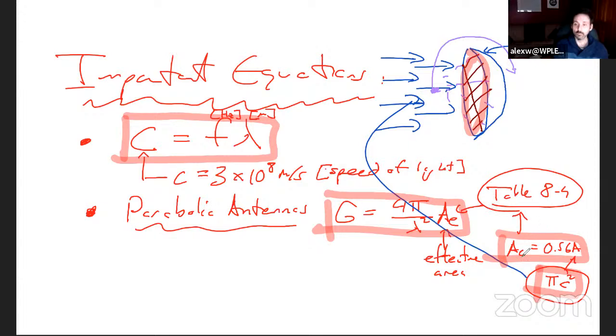Now, there's one more. This is very, very, very important, okay? And this is the free space gain, or free space loss. And it is equal to, so lambda, wavelength's important, pi d squared all squared, right?